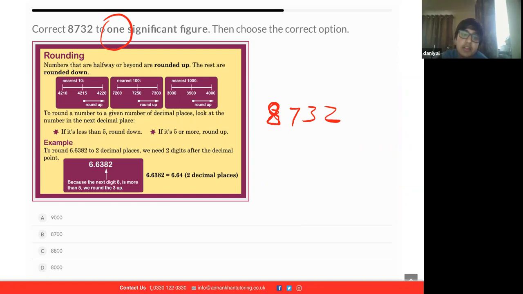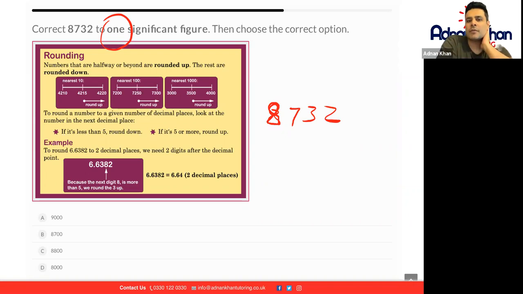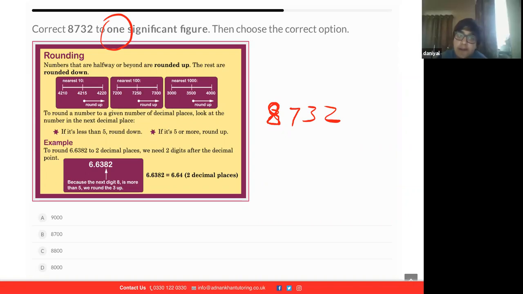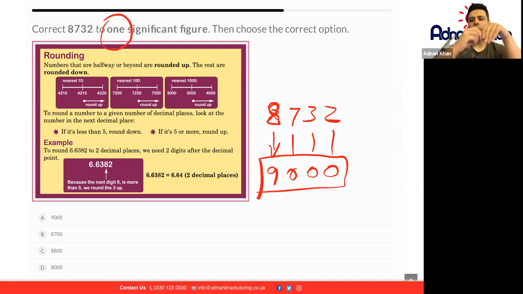Is it 9,000? And how do you come up with 9,000 for this one? Because the one significant figure is 8, and the number after it is 7, and that's above 5. So it's going to become 9, and the rest will be 0. Good lad. Well done.